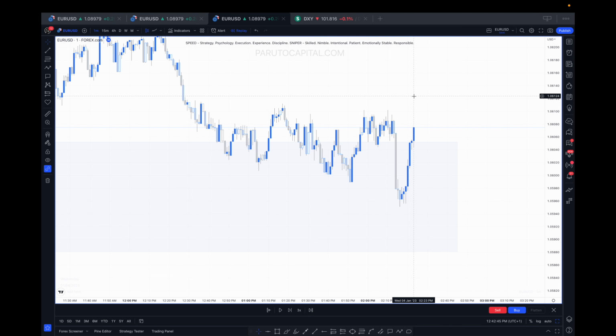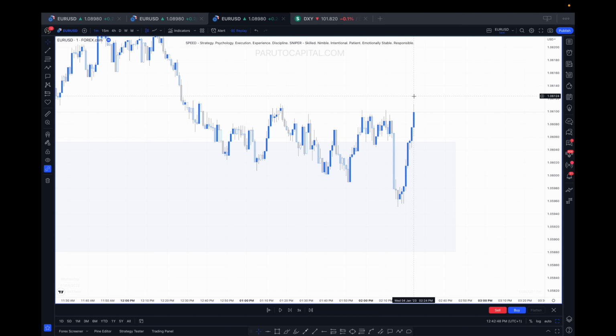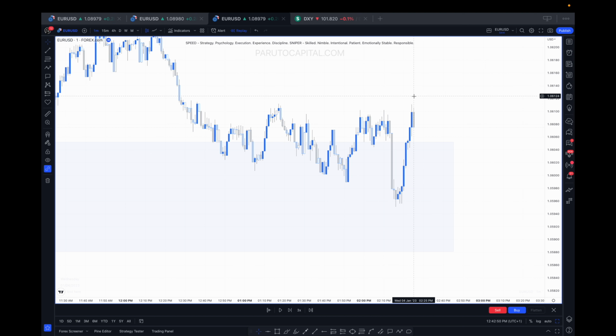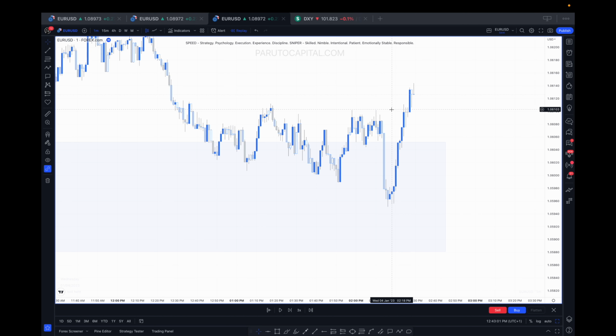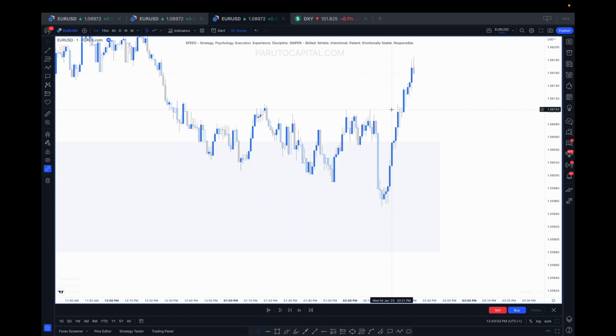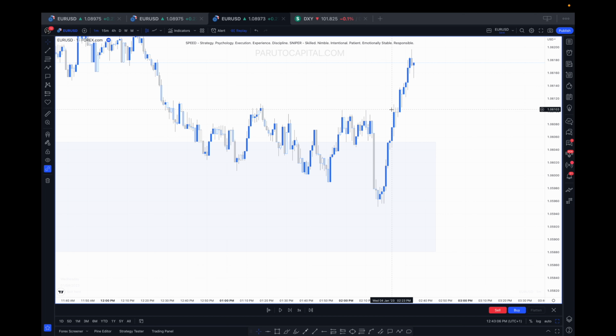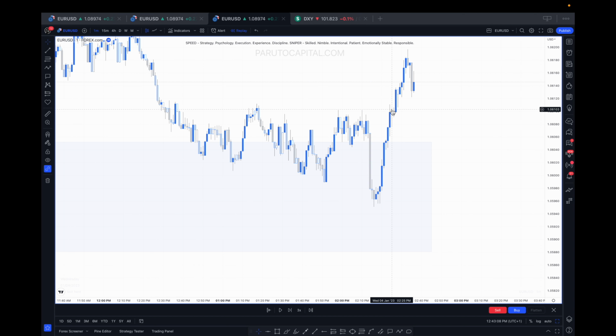Okay, the price seems to be pulling out. 2:23, nothing really. 2:26, 27. Okay, price is pulling out. Do we have anything we can trade from here? Nothing. Okay, let's see what happens.